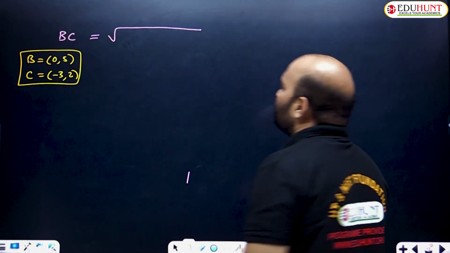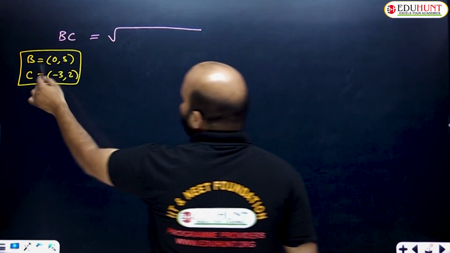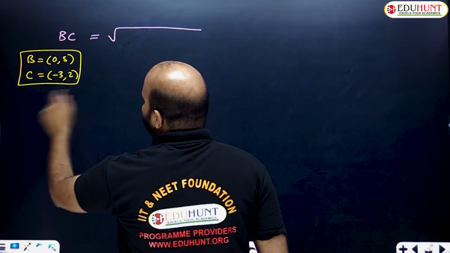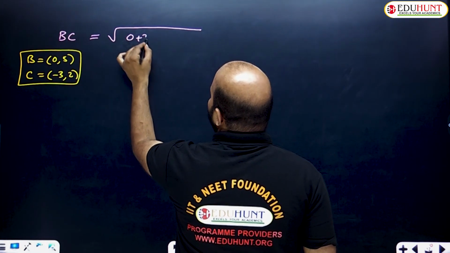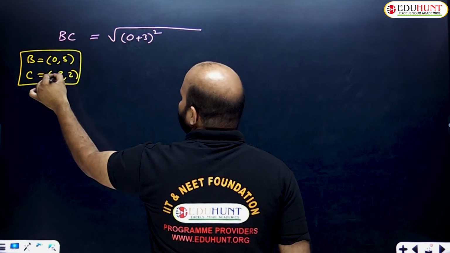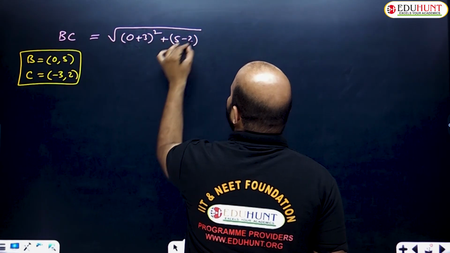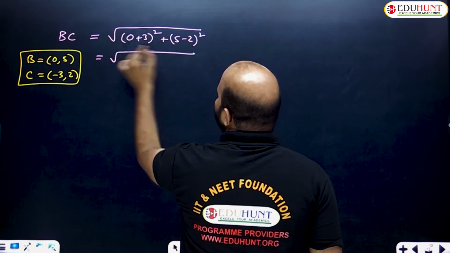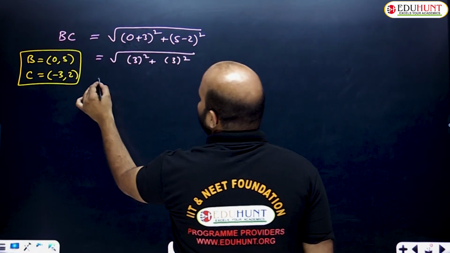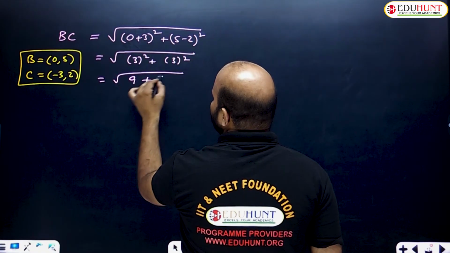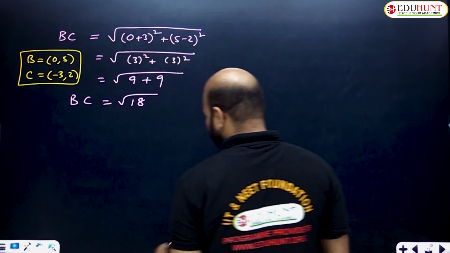Square root of (x2 minus x1) whole square plus (y2 minus y1) whole square. So 0 minus (-3) is plus 3, whole square, plus (5 minus 2) whole square. So it can be written as square root of 3 square, 9, plus 3 square, 9. What is the total? 18. So BC distance is also root 18.